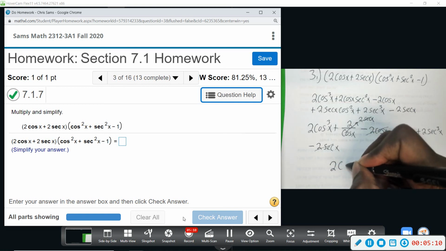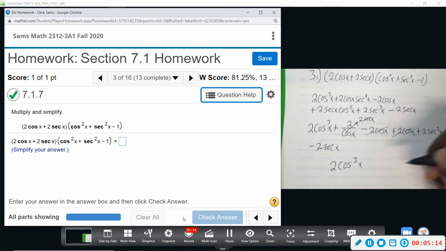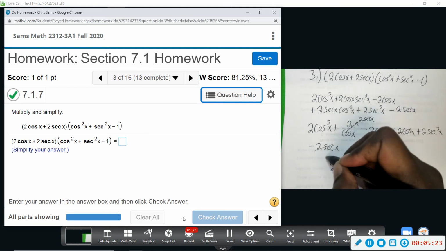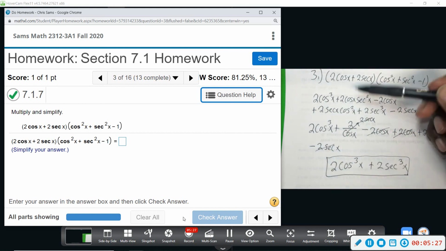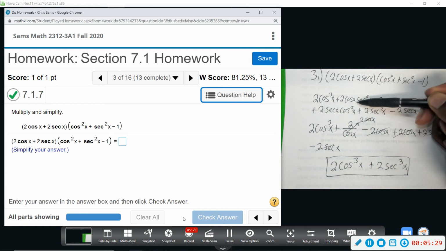2 cosine cubed x plus 2 secant cubed x. So there's a lot of converting back and forth that we had to do. Dividing out a cosine and then taking it back to secant because of the cosine on the bottom.